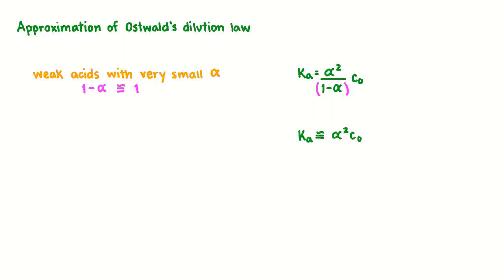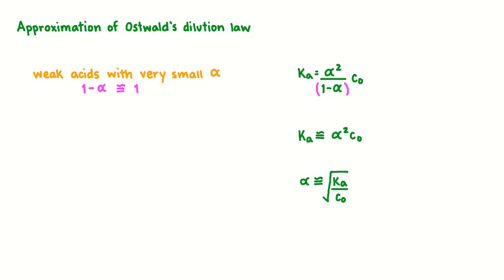This means that for weak acids with very small degrees of dissociation, we can use the approximation Ka is approximately equal to the degree of dissociation squared times the initial concentration. Rearranged to solve for the degree of dissociation, we find that the degree of dissociation is approximately equal to the square root of the Ka divided by the initial concentration.